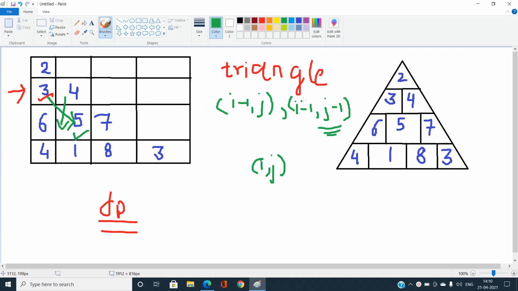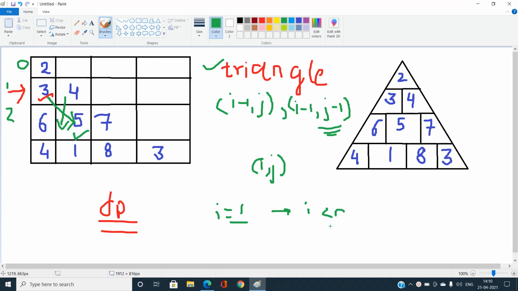Okay, so I'm going to modify this 2D representation of the triangle that is given to us, starting from i equal to 1. With 0-based indexing, this is 0, this is 1, this is 2, starting from i equal to 1, and it goes up to i less than n, where n is the number of rows of this triangle.